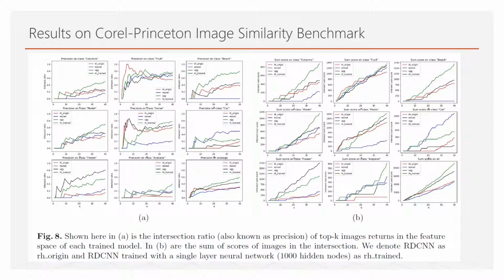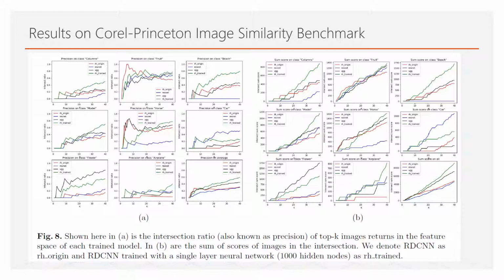This figure shows results about our network's performance in this image retrieval benchmark. It shows our best method is better than a trained CNN. Here, we include VGG16 and ResNet as a reference.